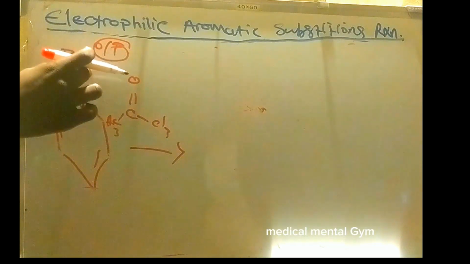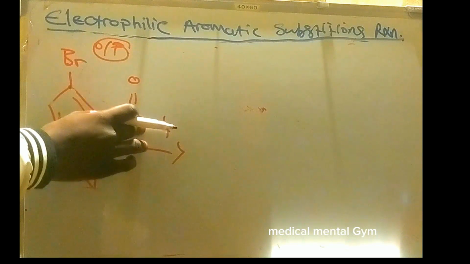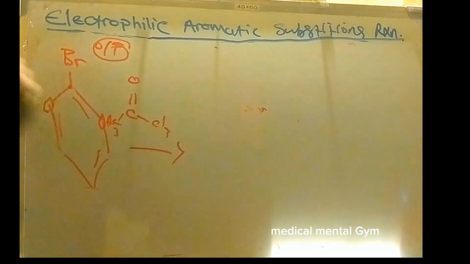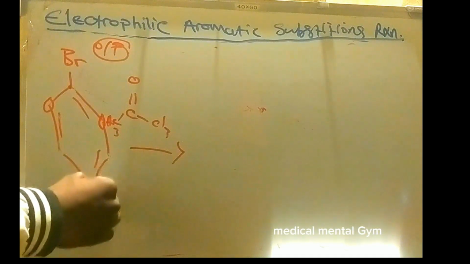So if we attach bromine first, we expect the incoming group to sit on the ortho positions, which are these two, and the para position, which is this one.